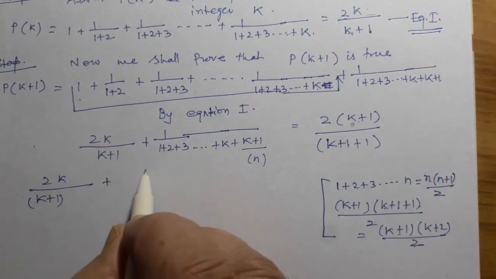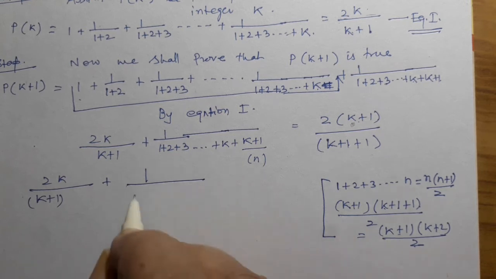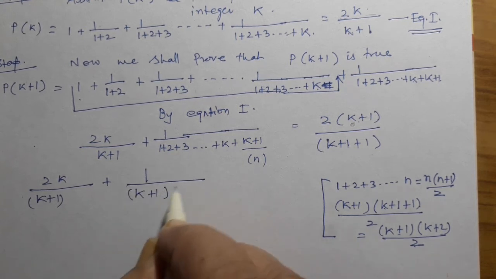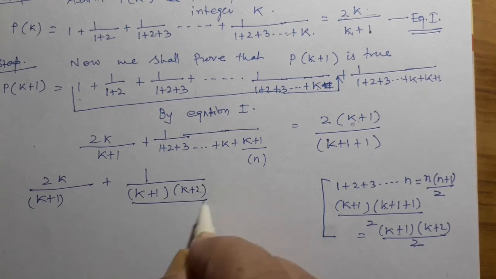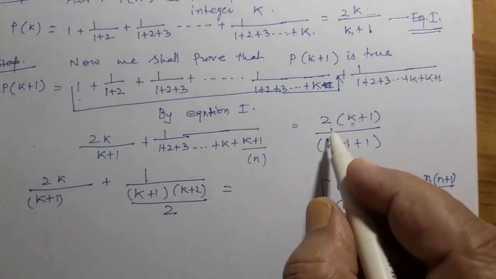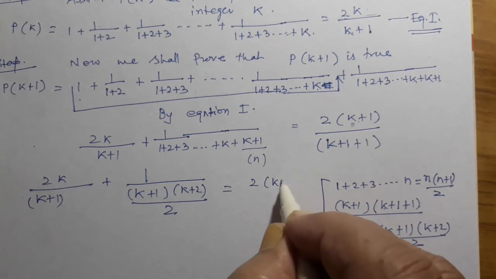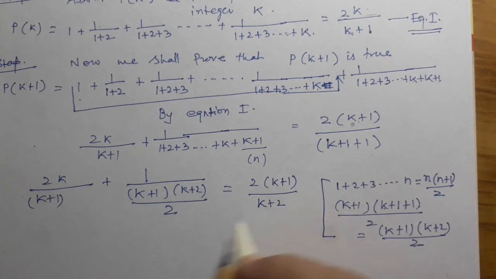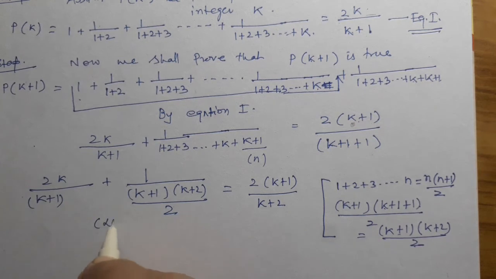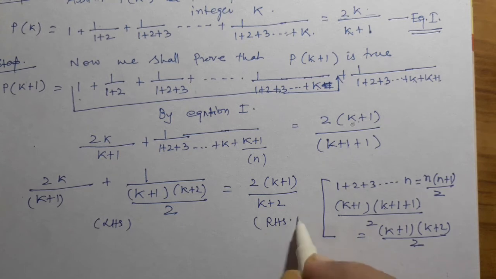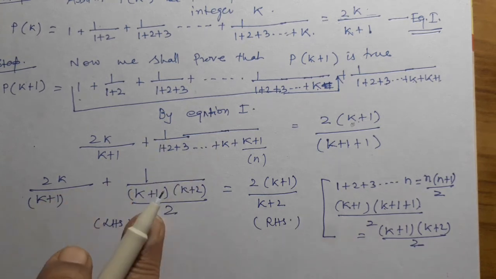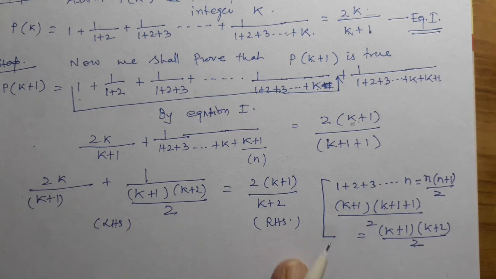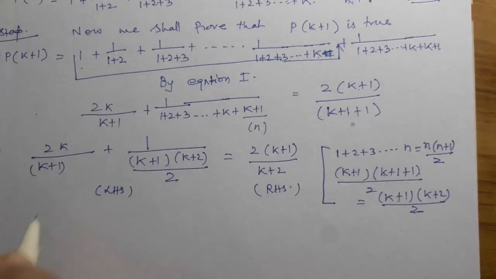So it is 1 by k plus 1 k plus 2 by 2, and this will be equal to 2k plus 1 by k plus 2, right? So now this we shall treat as LHS, and this we shall treat as RHS. Okay, so we are taking further this part, and lastly it will come to this, then LHS will be proved to RHS.